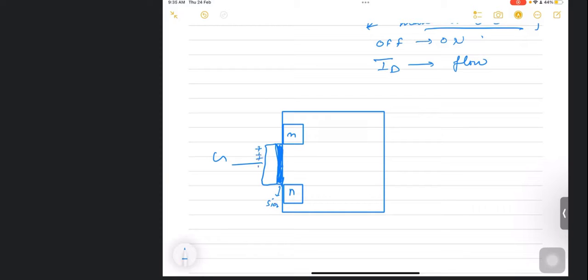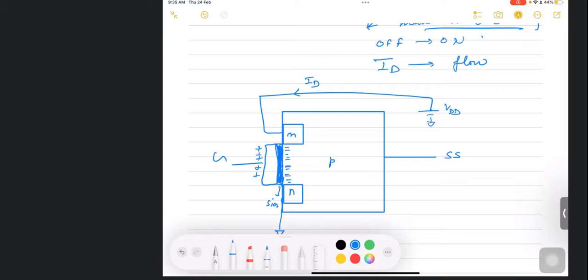When we apply the positive potential here, we are attracting the electrons from the P substrate. This is substrate. Electrons will reach up to this. In order to move these charge carriers, we are applying the VDD. Okay. So that is how the ID current is going to flow.